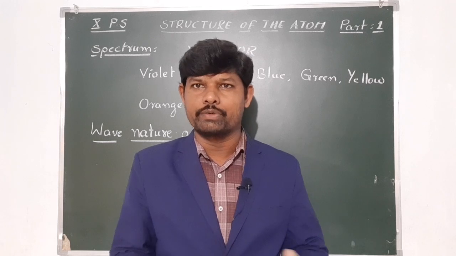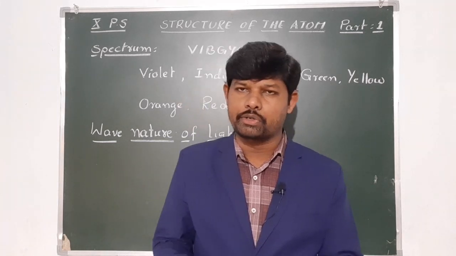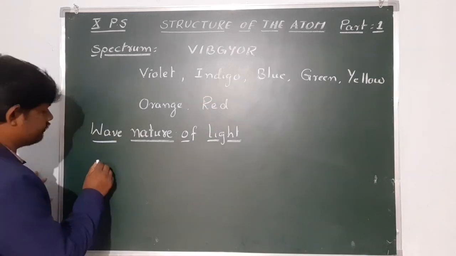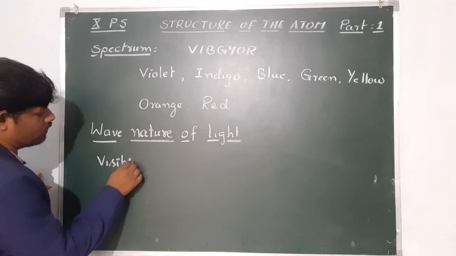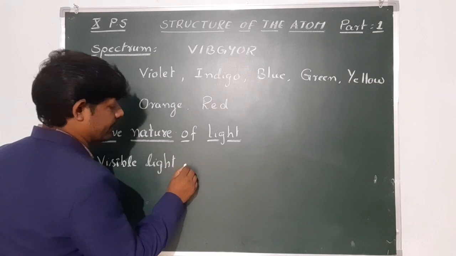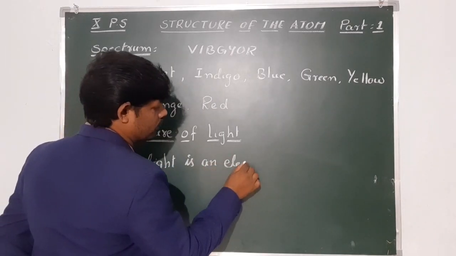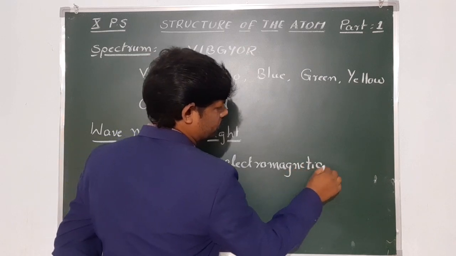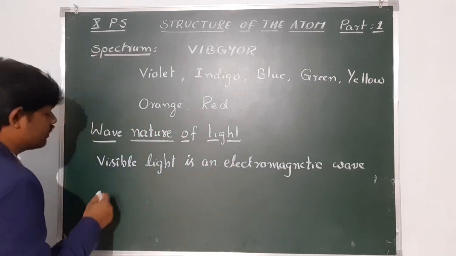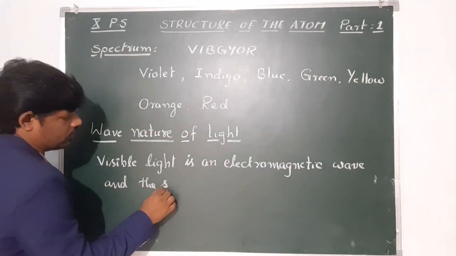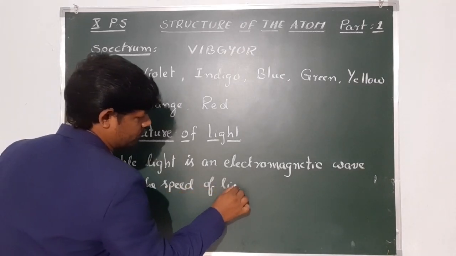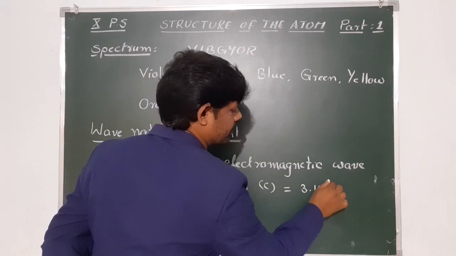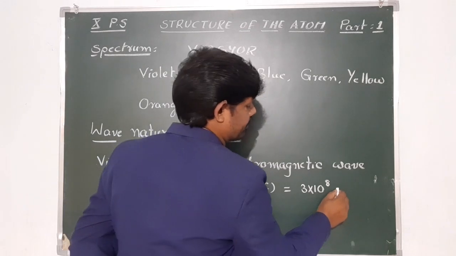Visible light, whatever light we are seeing now, is called visible light. Visible light is an electromagnetic wave, and the speed of light is represented by c equal to 3 into 10 power 8 meter per second.